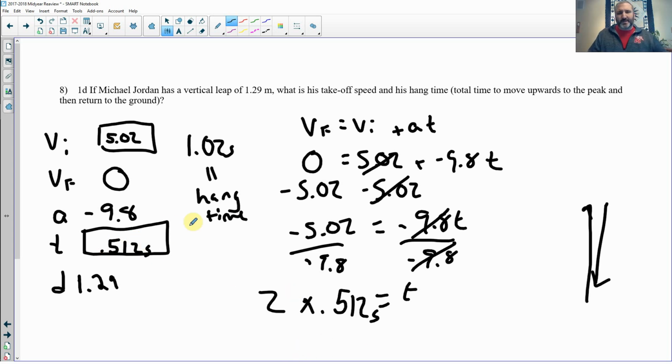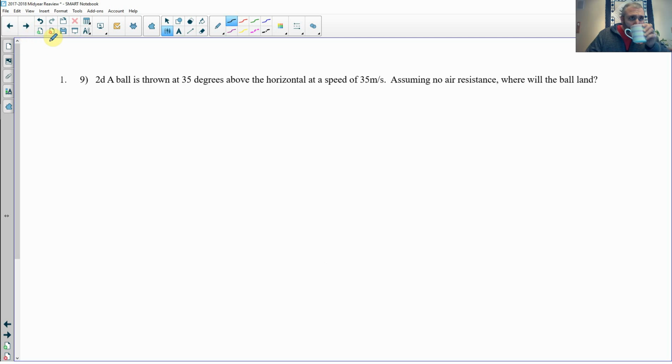I hope that sort of makes sense. It's a different number that you put into the chart than the answer to the question, because what you're dealing with in the chart is only the time up, and what the question is referring to is the time up and time down. So you need to pay attention to that. Hope that made sense, and let's go to the next one.